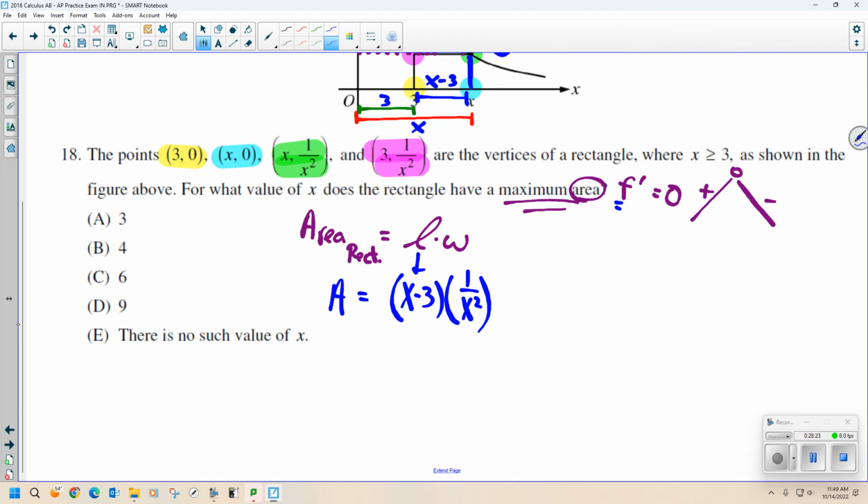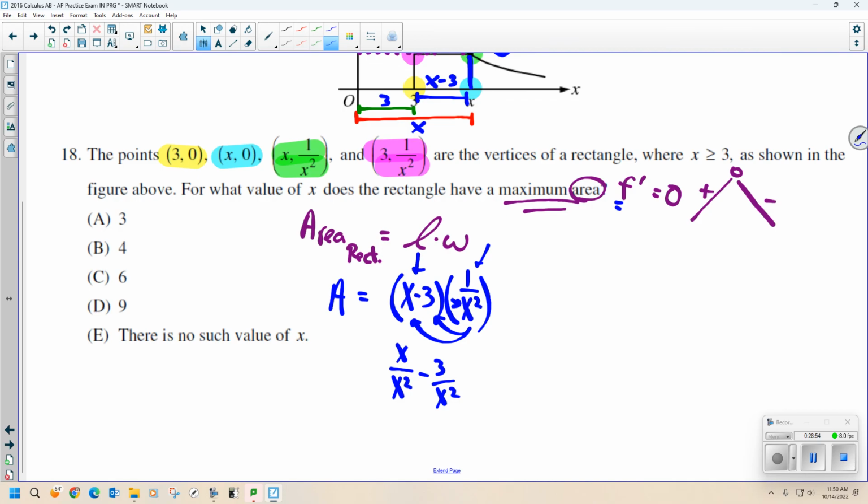And I'm going to make it into a polynomial. So I've got x over x squared minus 3 over x squared. Really, at this point, I could have done the product rule or the quotient rule for this. I could have brought that x to the 2 up, make it x to the negative 2, and take the derivative that way, which is almost what I'm going to do right here.